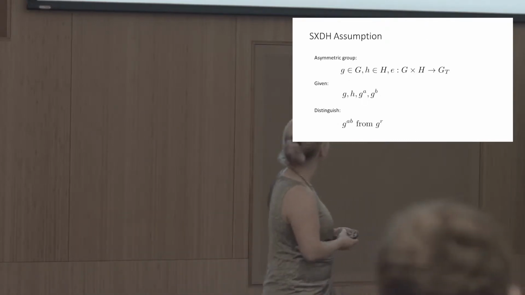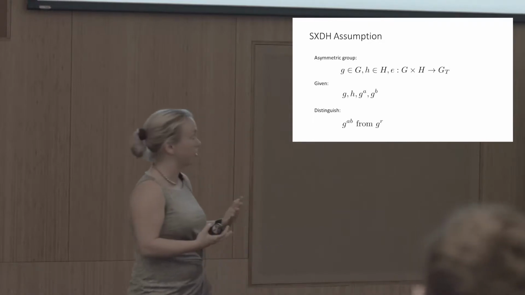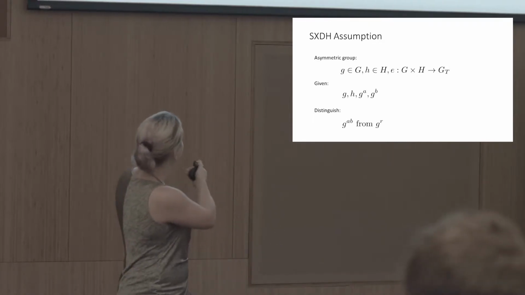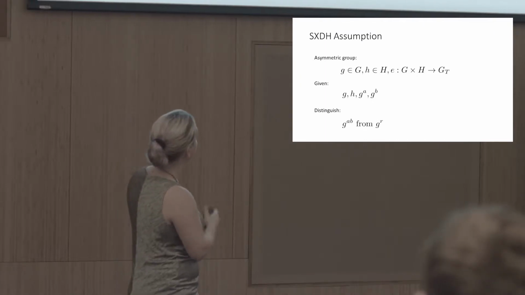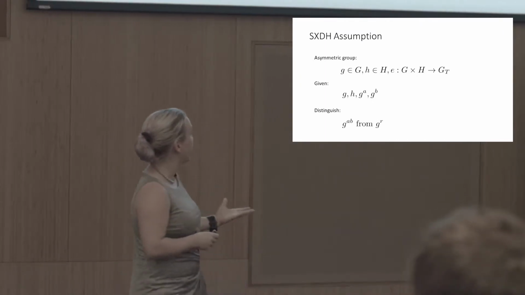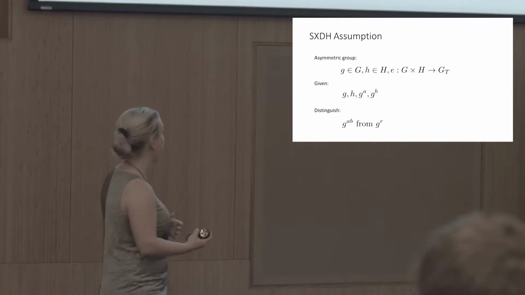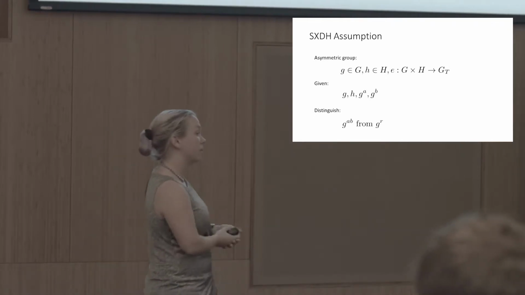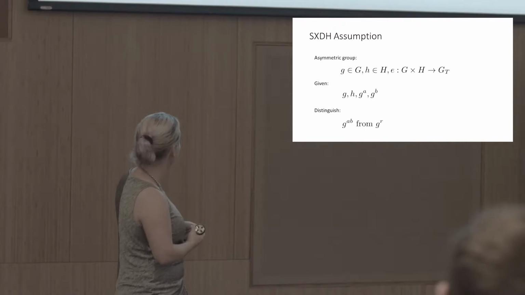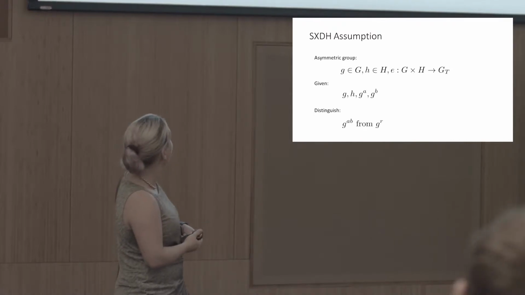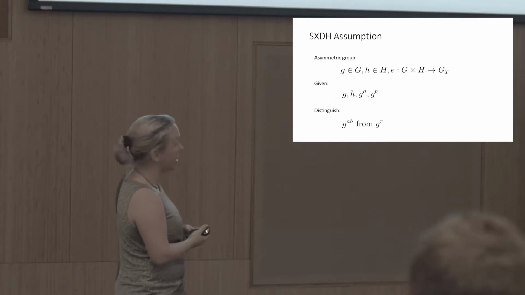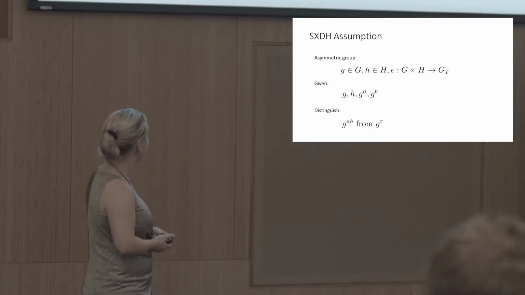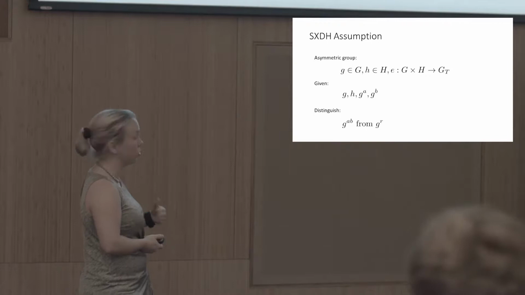A very similar assumption that we can make is if we have asymmetric groups. So notice here, we have a symmetric group. The pairing takes 2 elements in the same group into a new group. We change that, and we take an element of G and an element of a different group H. We can make an even simpler assumption called the SXDH assumption, where we have generators of each group, we have g^a and g^b, and now we can declare it to be difficult to distinguish g^(ab) from g^r.